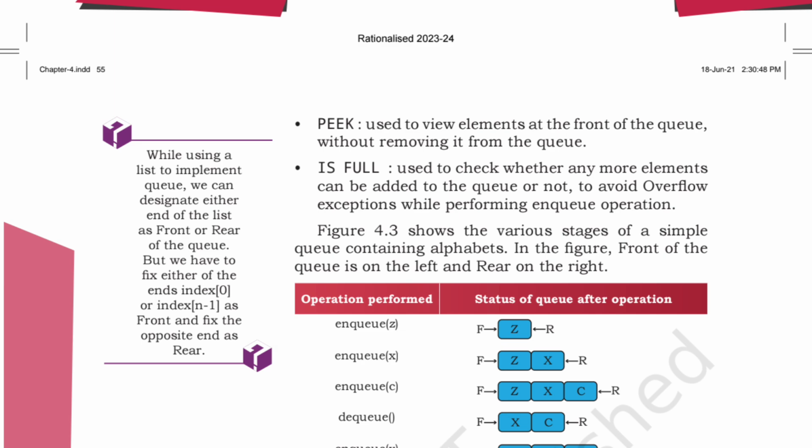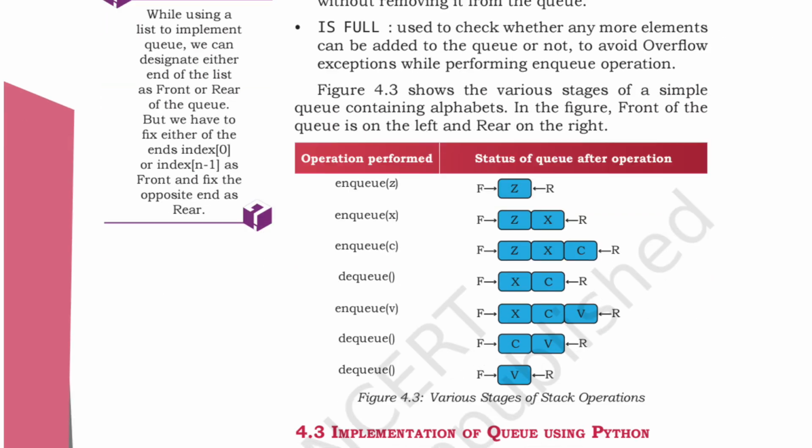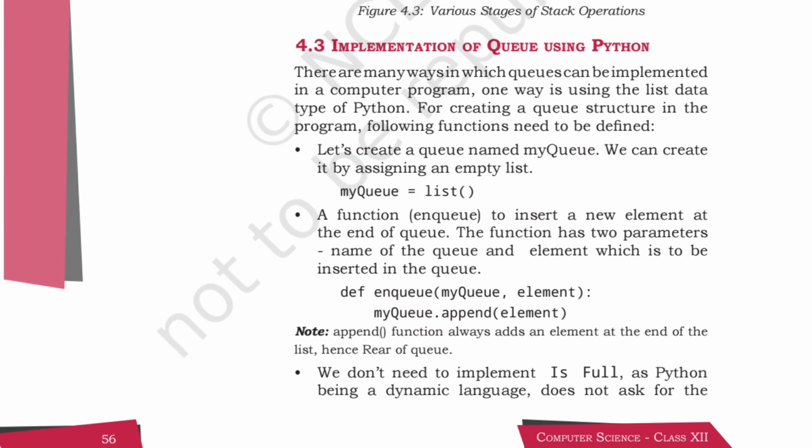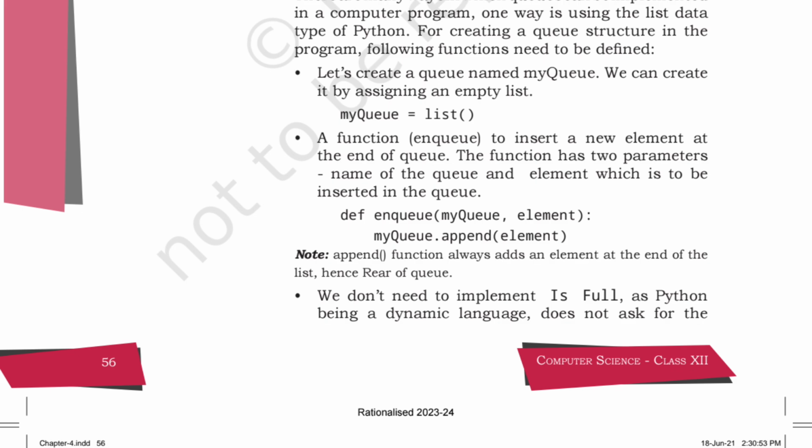IsFull is basically used to check whether more elements can be added to the queue or not, so it avoids overflow. So there is no need to check overflow because we are adding the elements according to our requirement, and then we are appending something, so there is no need to use isFull.